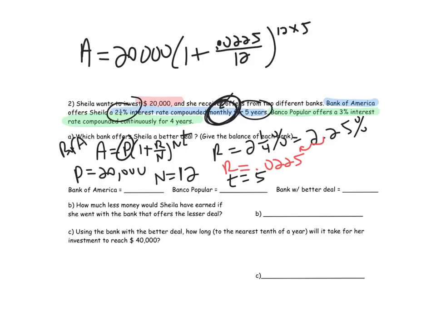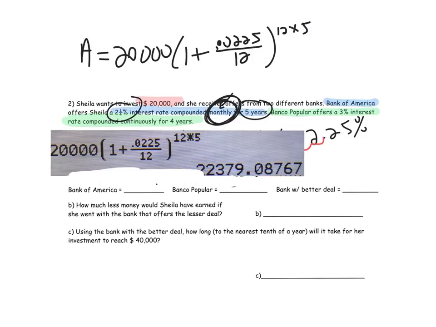We're going to enter that expression directly into our calculator and round to 2 decimal places for money. So our balance is $22,379, and the 7 kicks the 8 up to 9 cents. So that's the balance if Sheila decides to go with Bank of America.